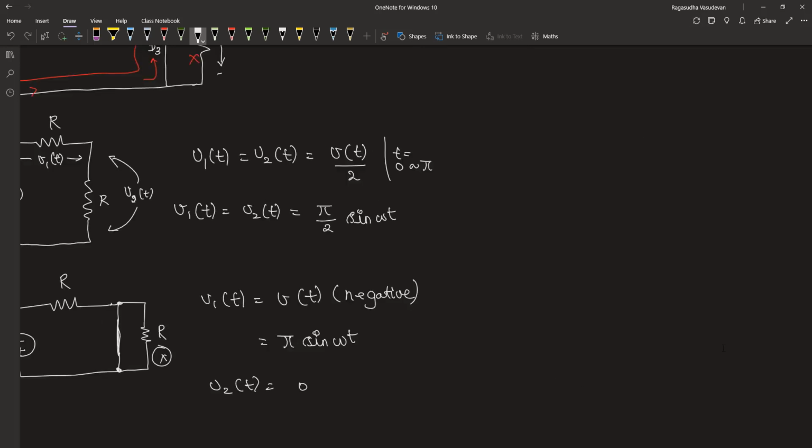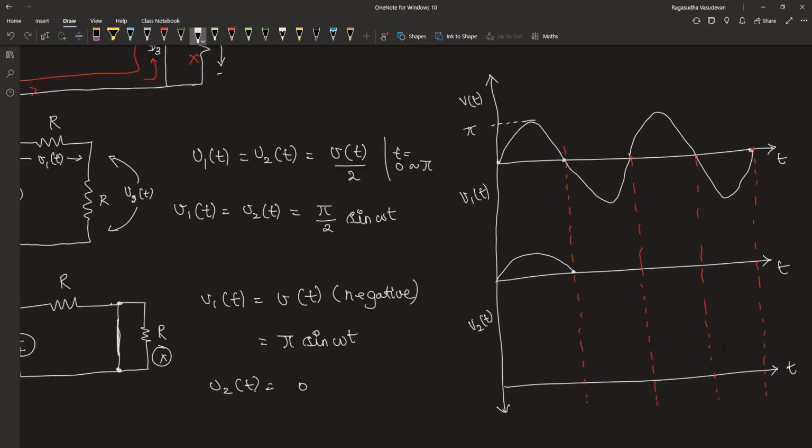Now, let's find out the value of average voltage. During the positive half cycle, V1 of t as well as V2 of t will have a peak voltage of pi by 2, and during the negative half cycle the value of V1 will be pi sin omega t and V2 will be 0 volt. So the average value of voltage is from 0 till 2 pi, that is one time period.